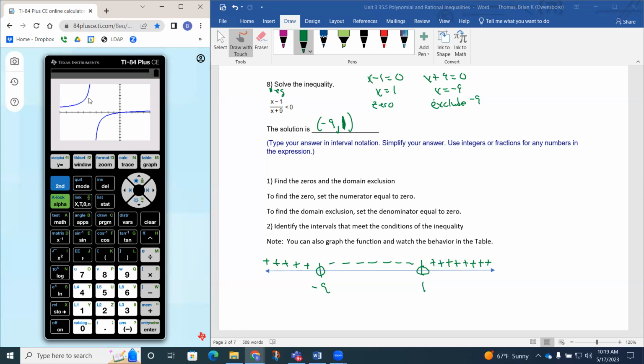Notice that you are above the x-axis left of -9, and below the x-axis until you get to about 1. Then it crosses over and goes above the x-axis. So you can see where the y values are positive and negative on this graph as well. I'm feeling pretty good about what we wrote down as our solution.